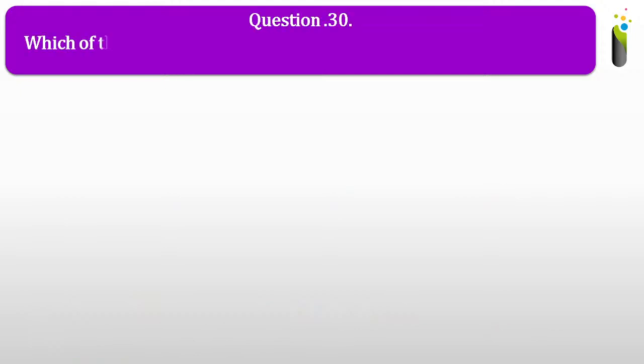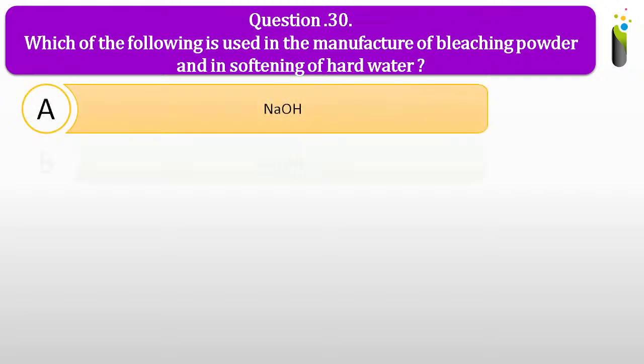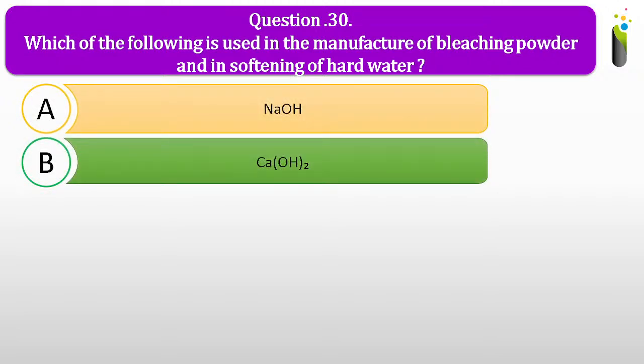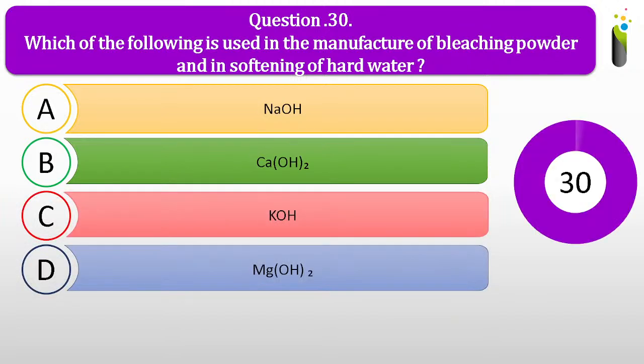Question number 30. Which of the following is used in the manufacture of bleaching powder and in softening of hard water? A. NaOH, B. Ca(OH)2, C. KOH, D. Mg(OH)2.